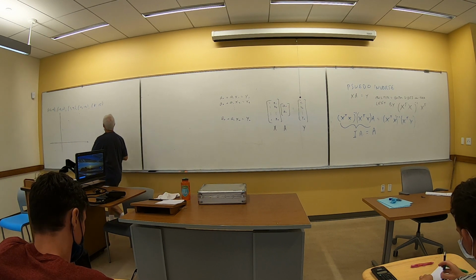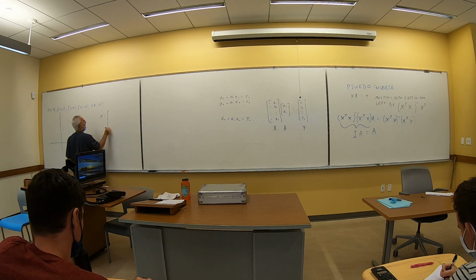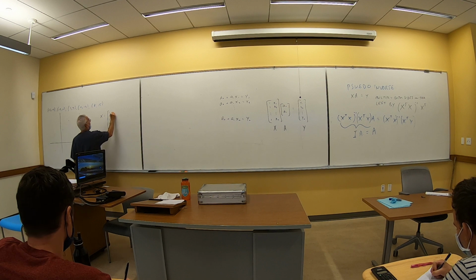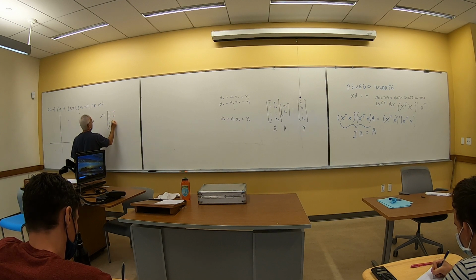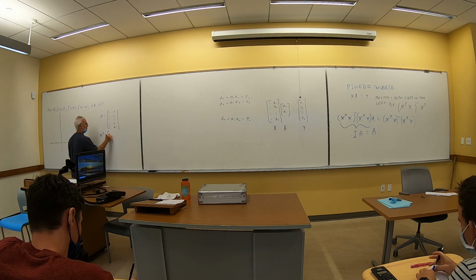All right, so let's start by labeling our matrices. So let's start with x. 1, 2, 3, 4, 5. -5, -2, 1, 4, 8. And I have x. Let's transpose.